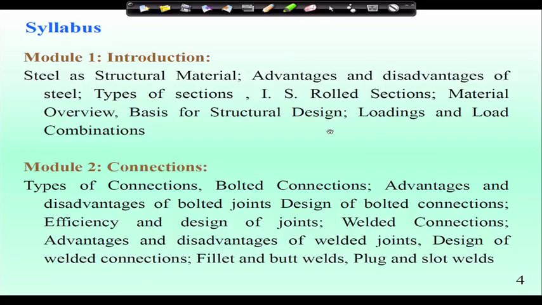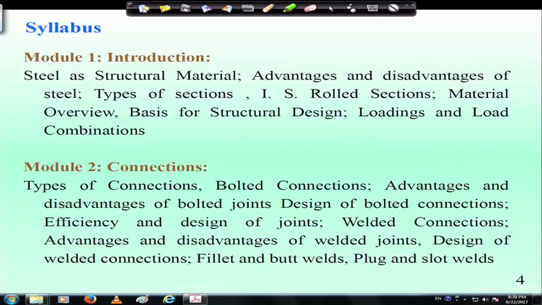The syllabus which I am going to cover, I am briefly discussing, but it is tentative, because I do not know how much time I will get to finish. The first module will include the introduction, which will discuss steel as a structural material, and we will discuss its advantages and disadvantages, because unless we know the disadvantages of steel, we will not make use of it properly.